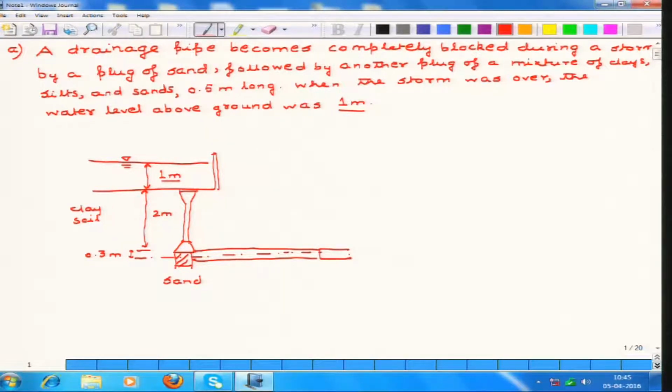Now this is the drain pipe. This point is A, this is C, and this is B, and the datum is here.